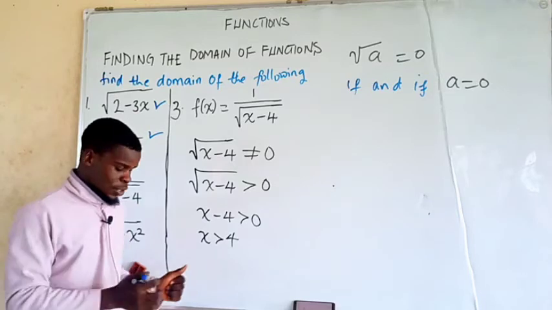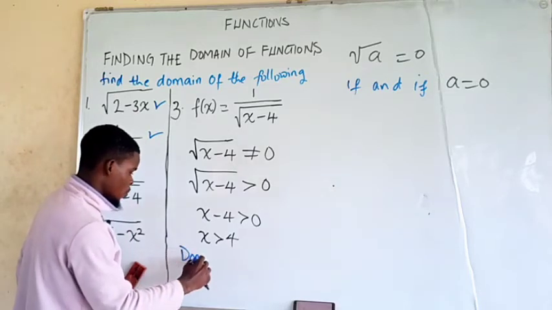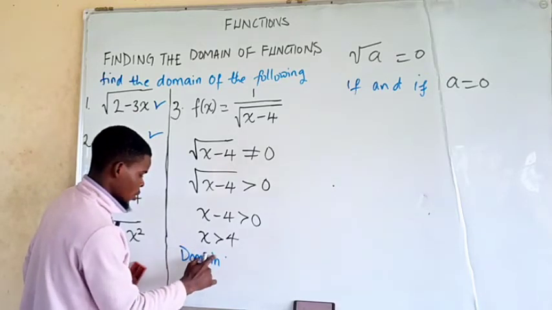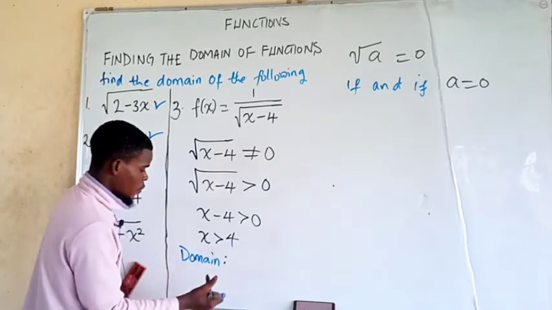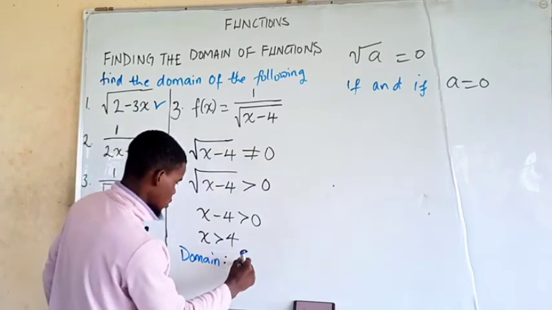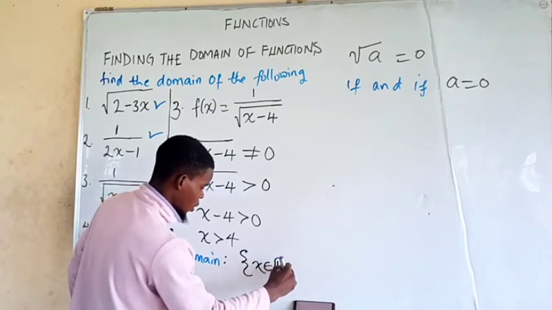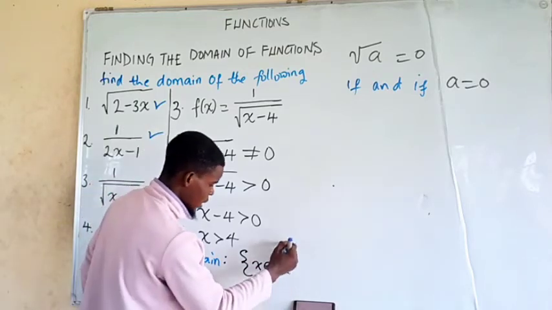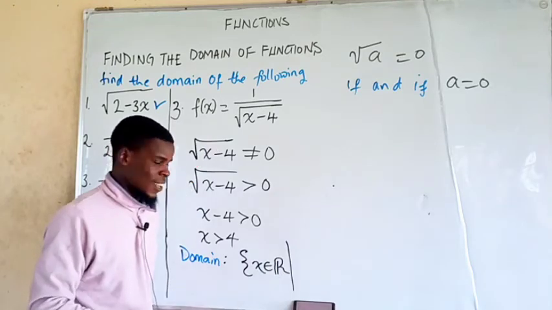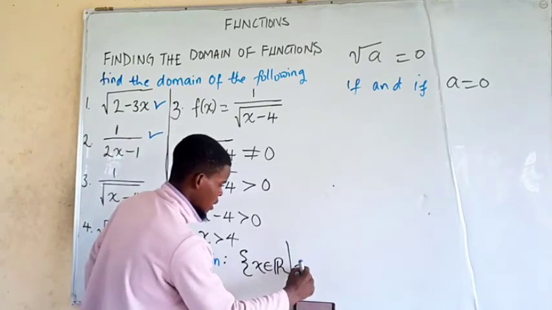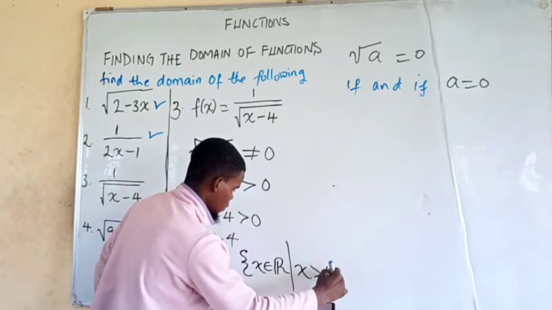If you want to write out the domain, it will be the set of all x where x belongs to R, such that x is strictly bigger than 4.